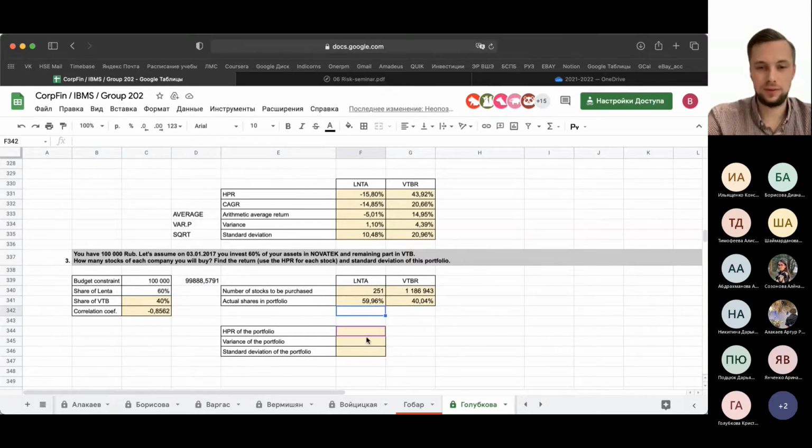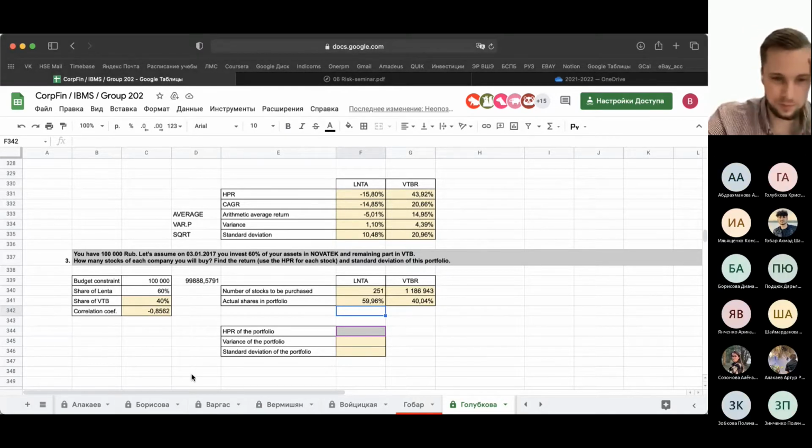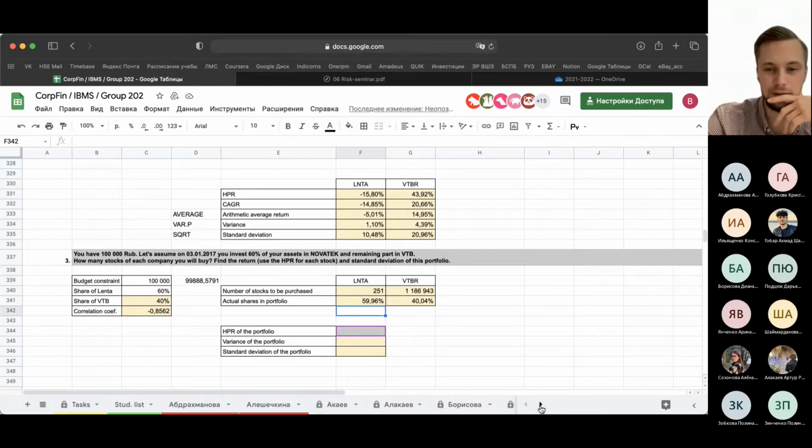Okay. Well, what's next? How to calculate the holding period return? We should multiply the fraction by the HPR of Lenta and VTB separately and sum it together. Maybe someone has done it already. Konstantin, are you ready with that part?